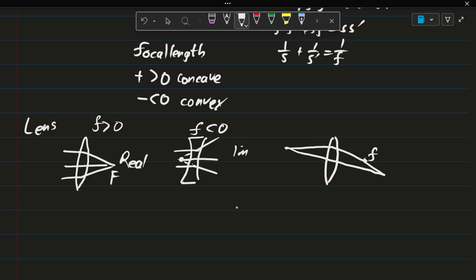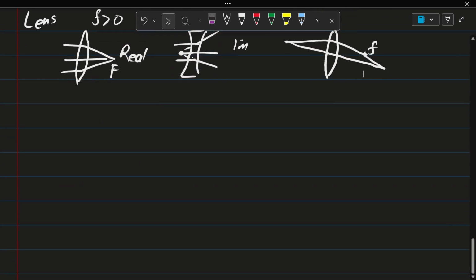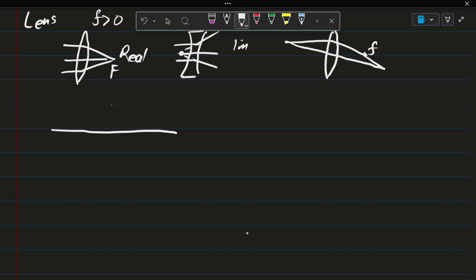So we could do the same idea with ray tracing for images within a lens. So let's have a convex lens. We have a lens here, and let's have the focus to be here.